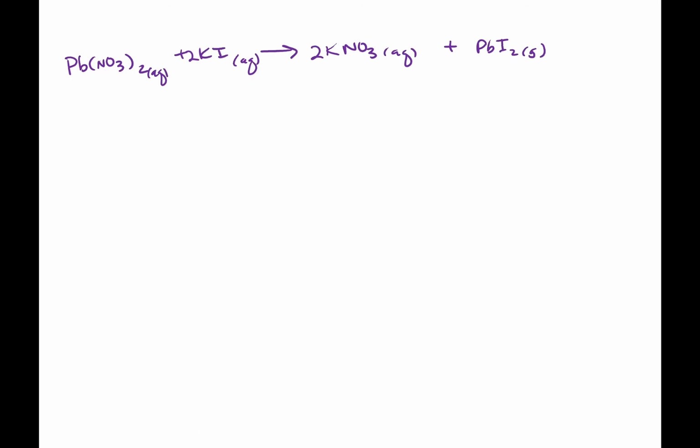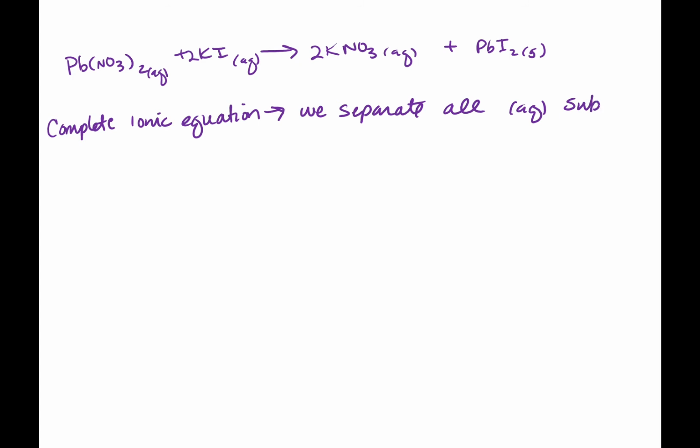So the ionic equation, the complete one: we separate all aqueous substances into their ions. Because when we put this into a beaker or a reaction vessel, they're going to separate into their ions. So they're all going to be just floating around as ions.